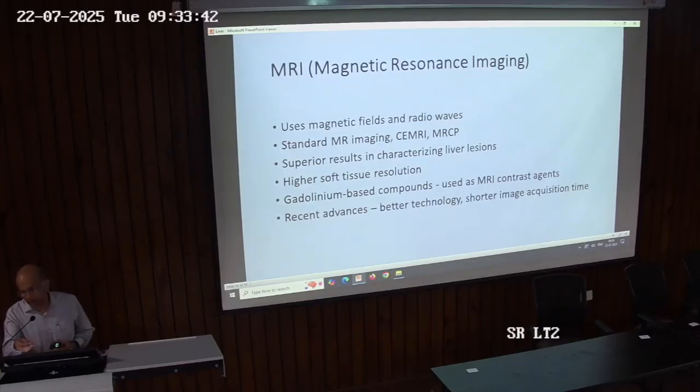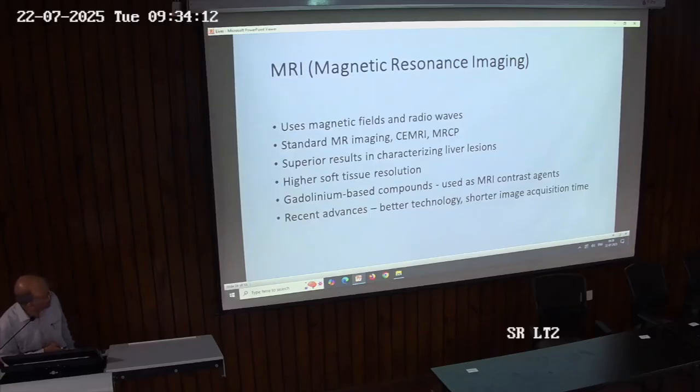Then radio waves are given, which agitate these hydrogen atoms. So there are two types of images, T1 and T2. The T1 images are when this alignment is happening because of the magnetic field, and T2 images are when the radio waves are being dissipated. So they have T1 and T2 images. This is how MR imaging is done.